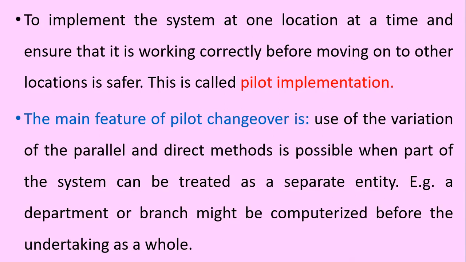For example, a department or a branch might be computerized before the undertaking as a whole. And therefore, the use of the variation of parallel and direct methods is possible when a part of the system can be treated as a separate entity.